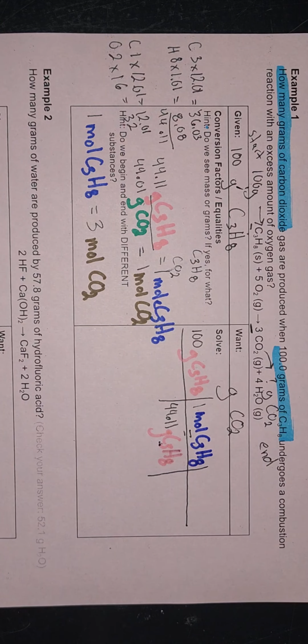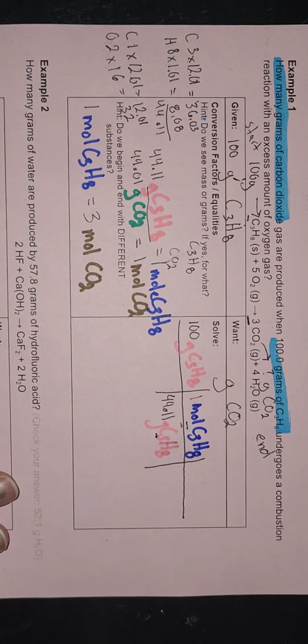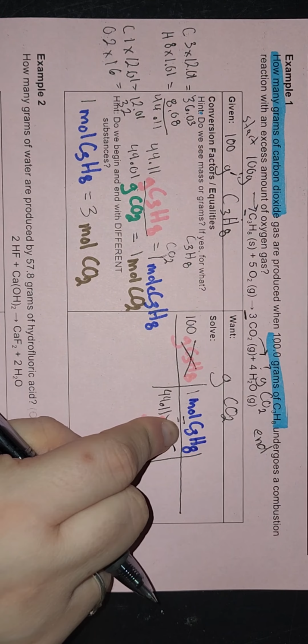Whatever that is equal to is then going to go above it. So it's equal to 1 mole of C3H8, so I'm going to put 1 mole of C3H8 on the top. So now this unit's going to cancel. I've got moles of C3H8 in the top. That is not what I'm looking for, so I'm going to keep going.